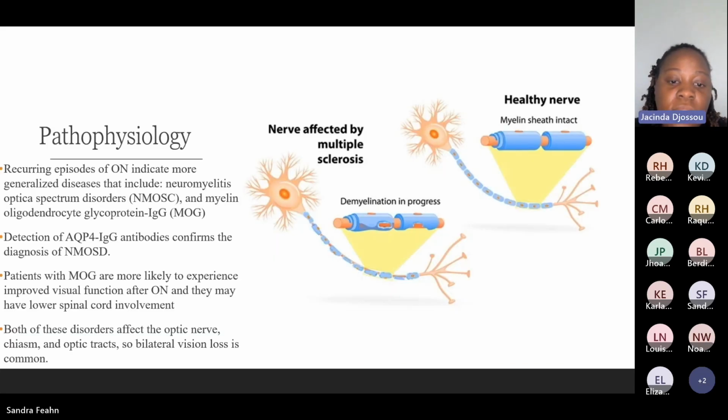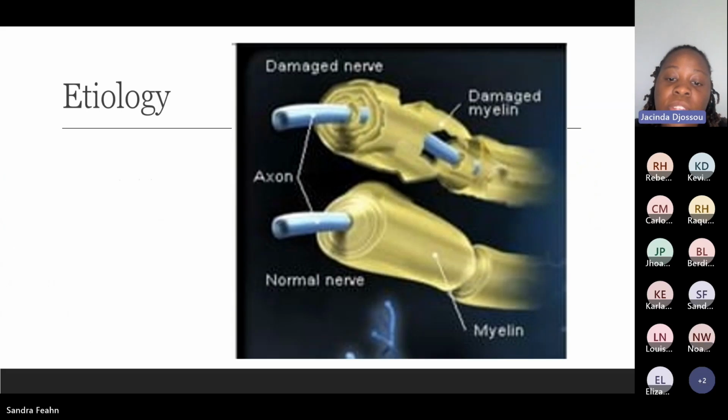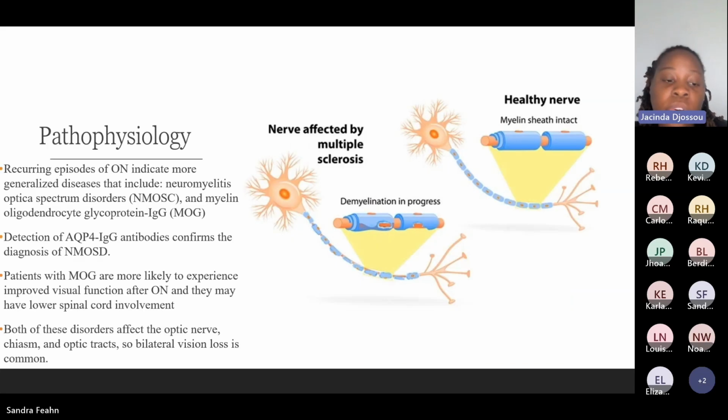So as discussed earlier, optic neuritis is often associated with other autoimmune conditions. So this can be multiple sclerosis, which is a disease in which the autoimmune system attacks the myelin sheath covering the nerve fibers in the brain. It can also be seen in neuromyelitis optica, a condition in which inflammation affects the optic nerve and spinal cord, or myelin oligodendrocyte glycoprotein, or MOG antibody disorder, in which there is inflammation in the optic nerve, spinal cord, or brain.